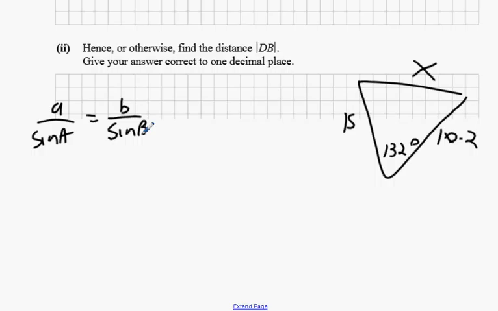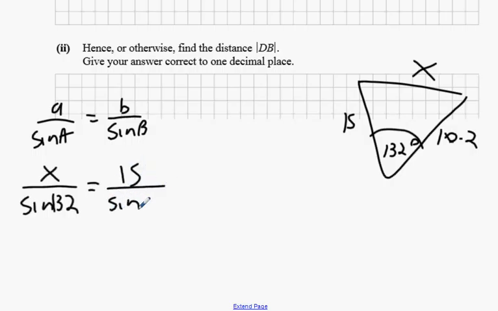Let's try it out. X divided by sine 132 equals 15 divided by sine... nothing. We don't know it. Or we could have used 10.2 over sine.